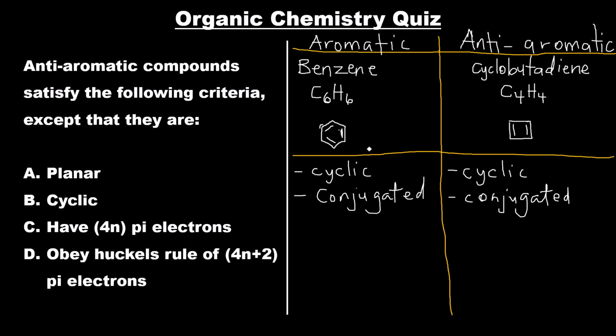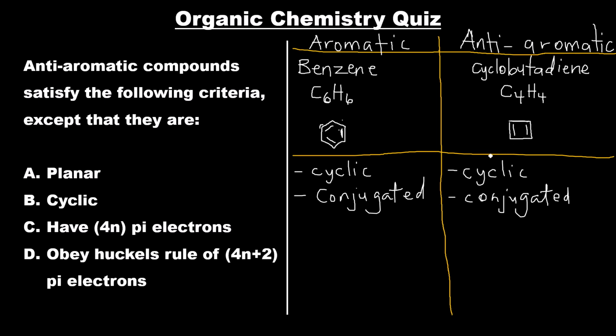So if you look at the benzene molecule, we have a single bond here and then a double bond. Single, double, single, double, in that order. So alternating double and single bonds means that the molecule is actually conjugated. And the same thing applies to the cyclobutadiene. There's a single bond here, then we move on to a double bond, single bond, double bond.